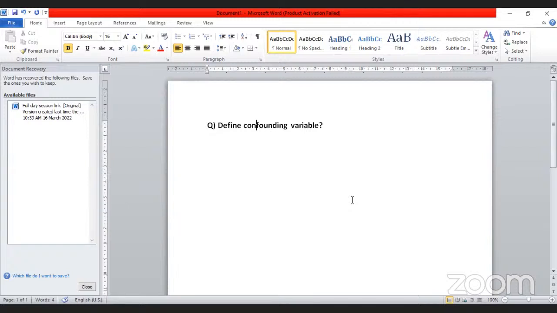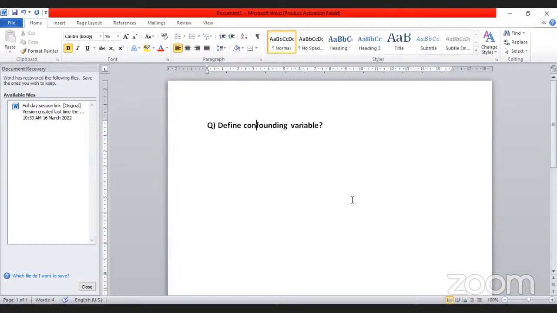These variables are a type of extraneous variable, that means an outside variable, that influences both the dependent and independent variable by causing a mathematical relationship between those variables that are associated but are not causally related to each other.